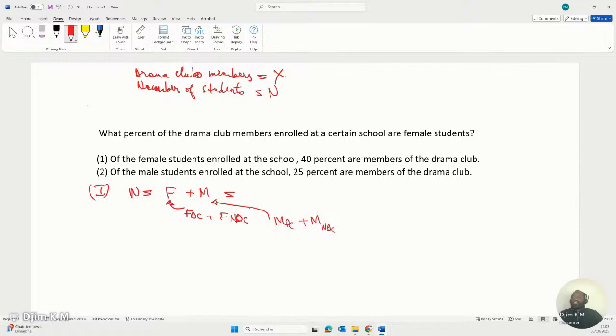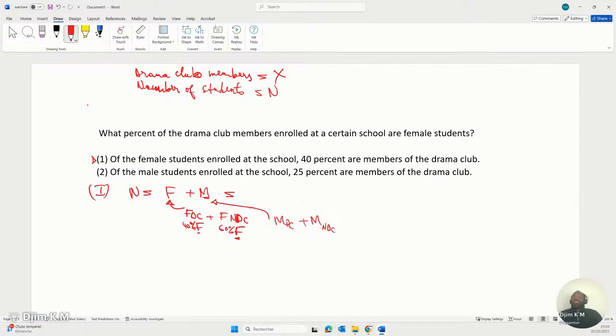So this is actually 40% of F, and this is 60% of F. But we don't know the number of female students. We don't know the number of male students. So we can't find the percent of drama club members.